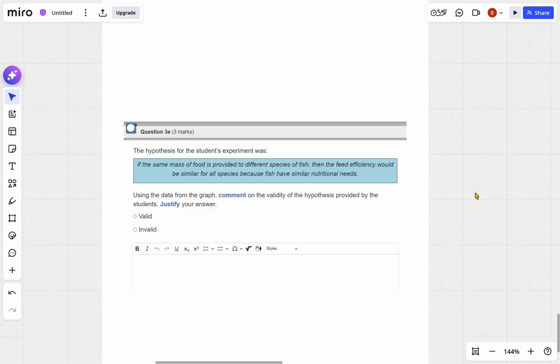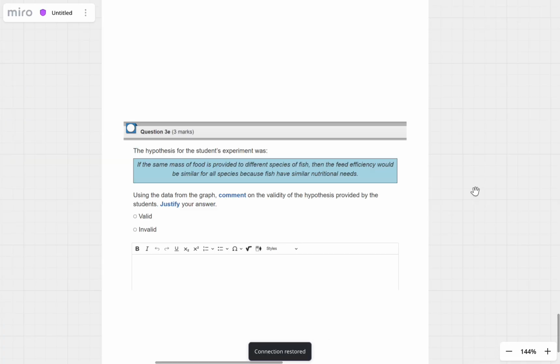But if you check out the previous video, you'll know how the graph is and what we plotted. So based on our graph, we see that what they're saying is completely invalid, because their hypothesis says that if the same mass of fish food is provided to different species of fish, they assume that all fish have similar nutritional needs and then the feed efficiency would be similar for all of them.